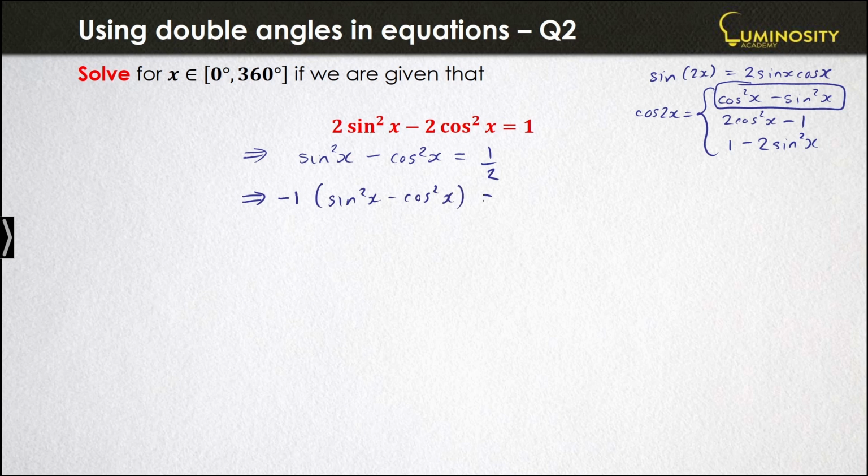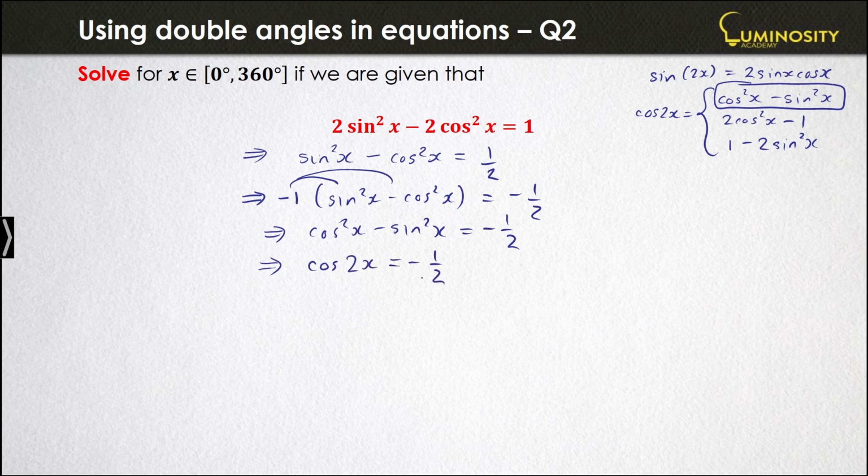Okay, so I'm going to get negative a half on the right, and now if I multiply that negative half in, I'm going to get positive cos squared x and negative sine squared x equals negative a half. Now from our double angle formulae, that is exactly cos of 2x equals negative a half.